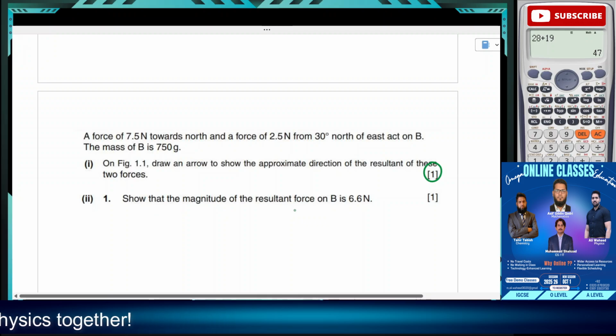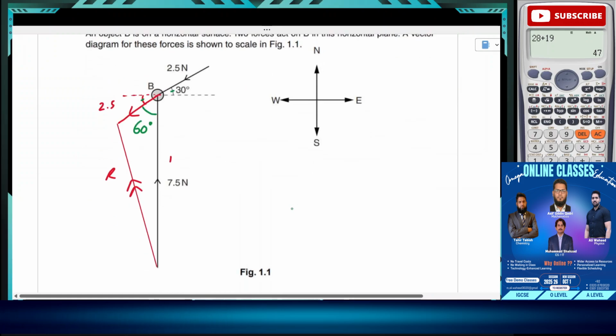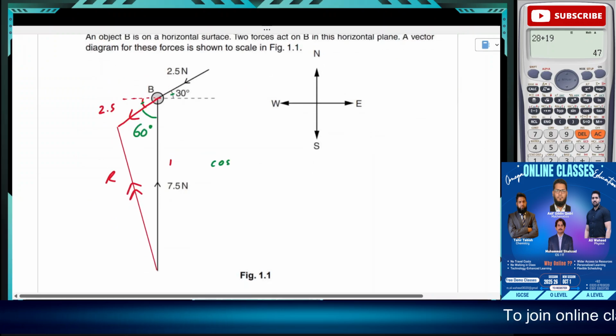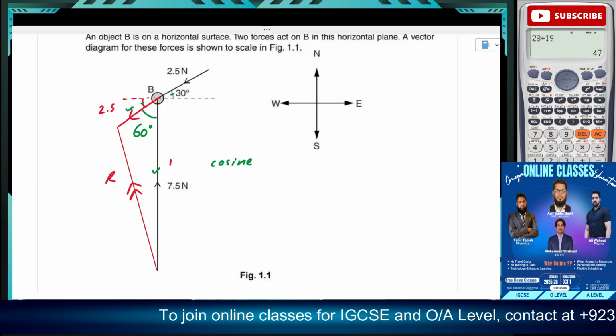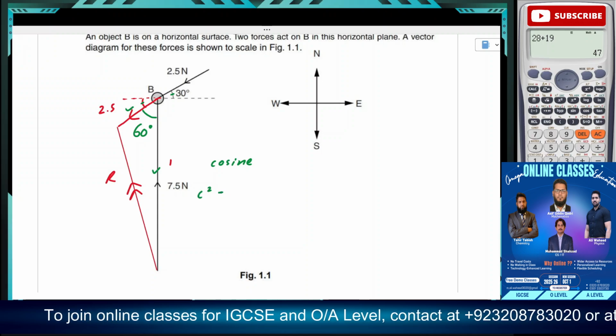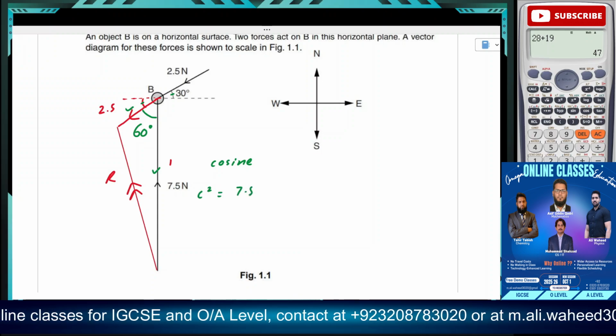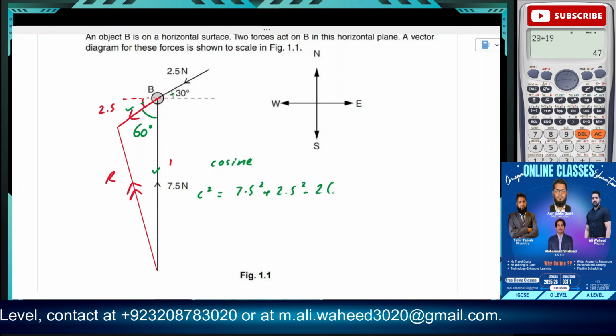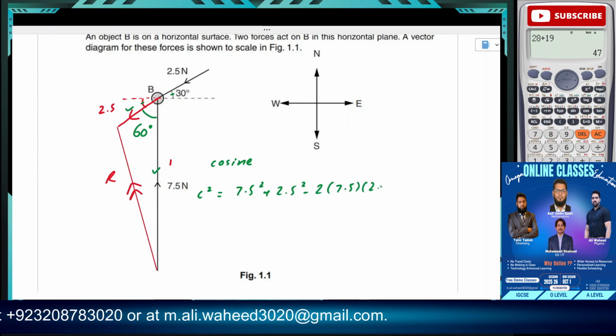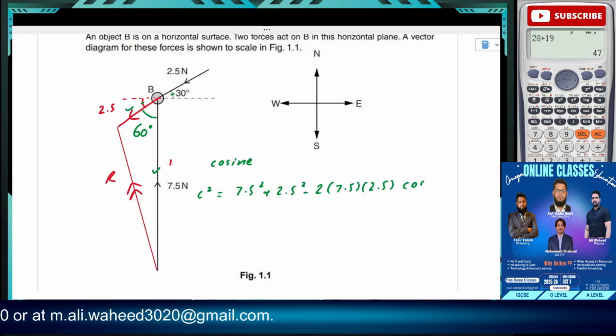Show that the magnitude of the resultant vector is 6.6. So you can use the cosine rule. You're provided with two sides and the included angle. So the cosine rule would be a square plus b square minus 2ab cos of the angle between these two.